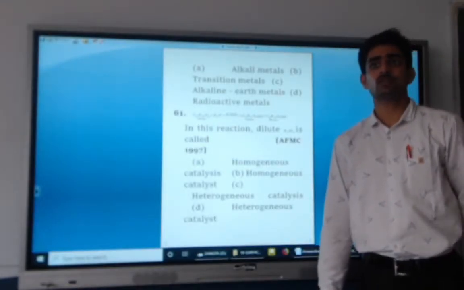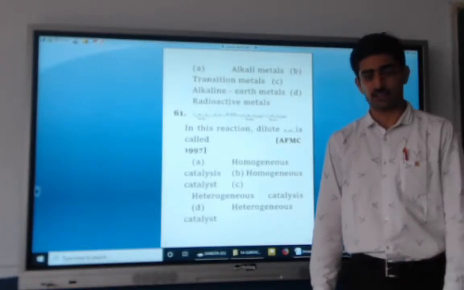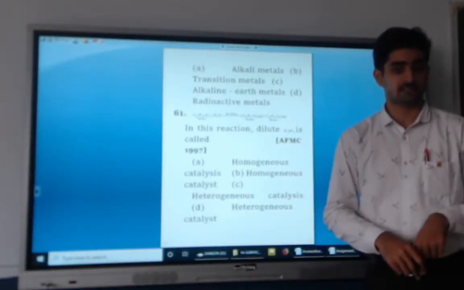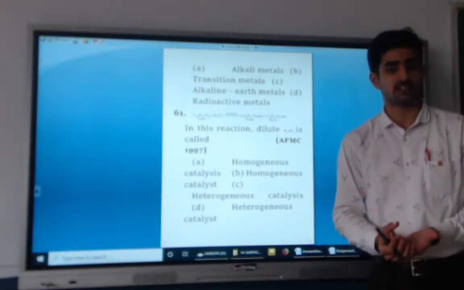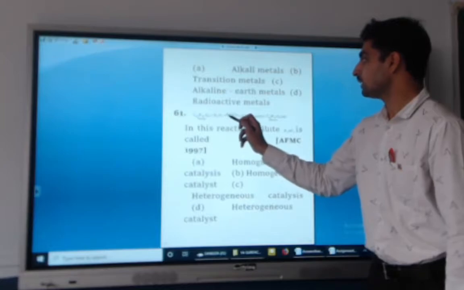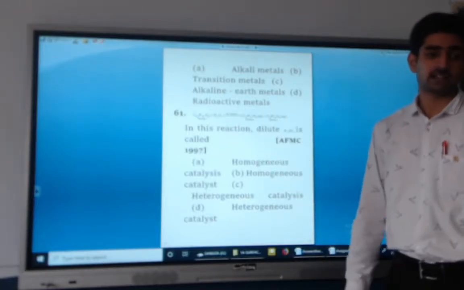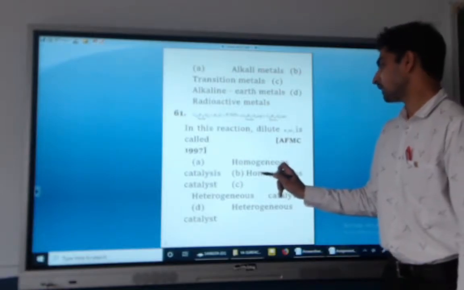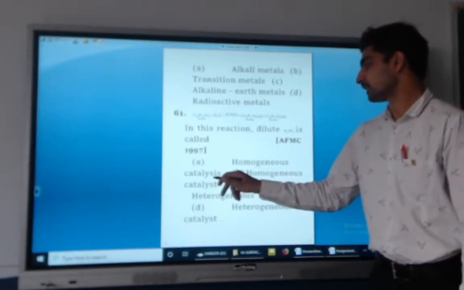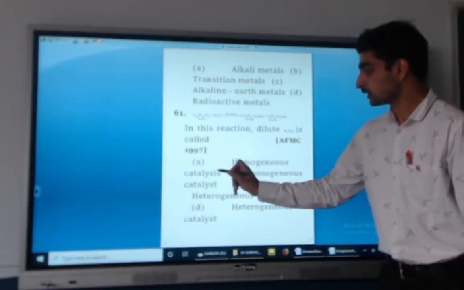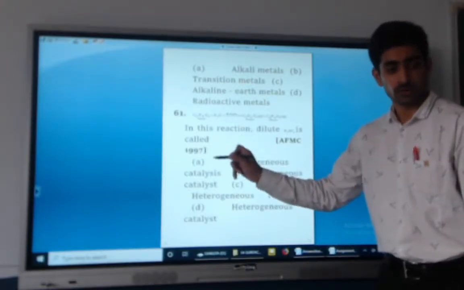Catalysts are those which increase or decrease the rate of reaction. Catalysis is the reaction which involves these catalysts. Here all the reactants and the catalyst are in the same phase, the liquid phase, so I will go with the answer homogeneous catalysis for the whole reaction.